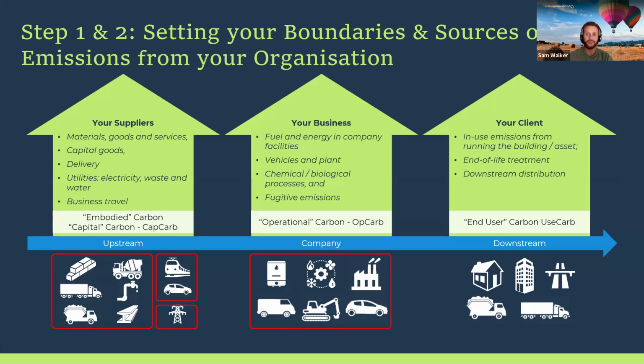And once you've identified what your organizational boundary is, you're then going to need to determine which business activities you want to measure. There's a couple of examples here with the images, but again, you're going to want to sit down, think about your organization's processes and what you do as an organization, and then work it out.